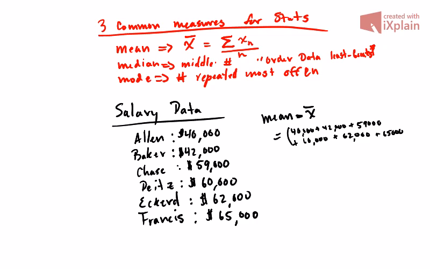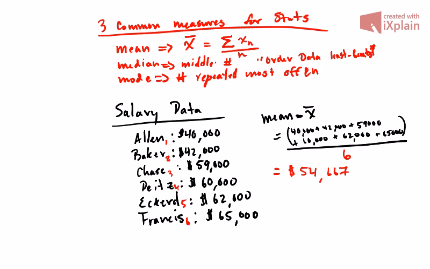Once you have that all added up, we're going to divide by the number of elements in the data set. We have 1, 2, 3, 4, 5, and 6 elements, so I'm going to divide by 6 people. If you find the average, it is equal to $54,667.